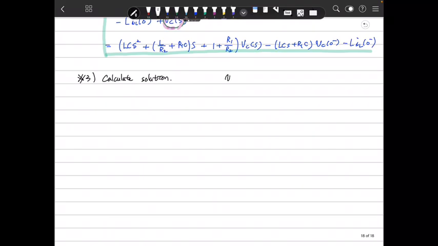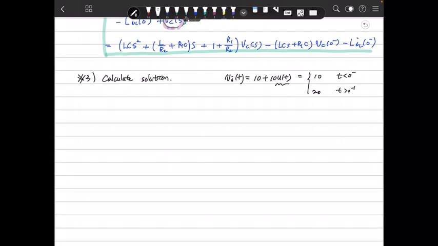Now VIT was 10 plus 10 UT. That means it's 20. At T here it's 20 because of UT.